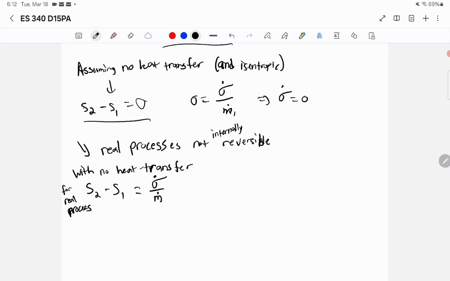And that's going to have to be greater than 0, because sigma itself has to be greater than 0. Well, sigma dot over m dot has to be greater than 0 in this case if there are any kind of irreversibilities. Okay.